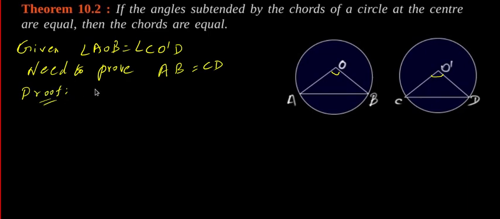So, for the proof, OA, OB, O'C and O'D. O'C and O'D are equal. Why? Because we have taken two congruent circles. Two different circles we have taken. Both of the circles are congruent. They have the same radius. So OA equals O'C and OB equals O'D because the radii are equal.